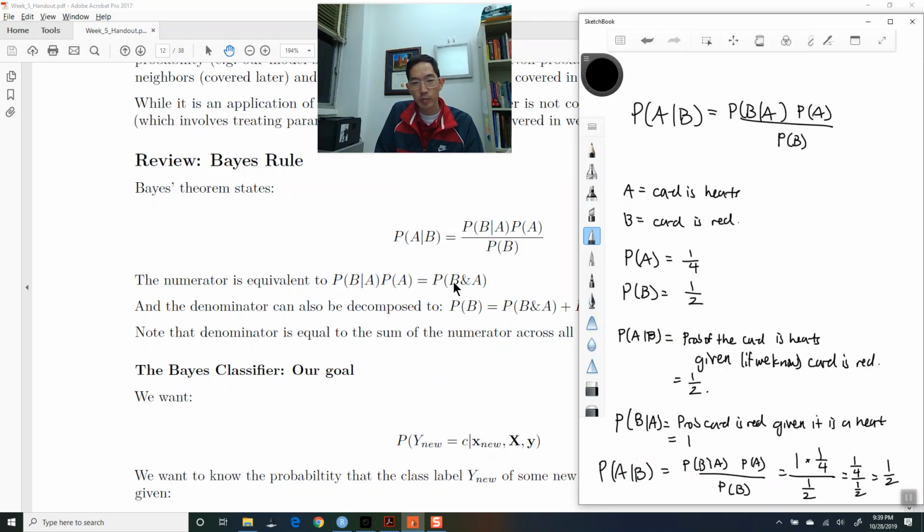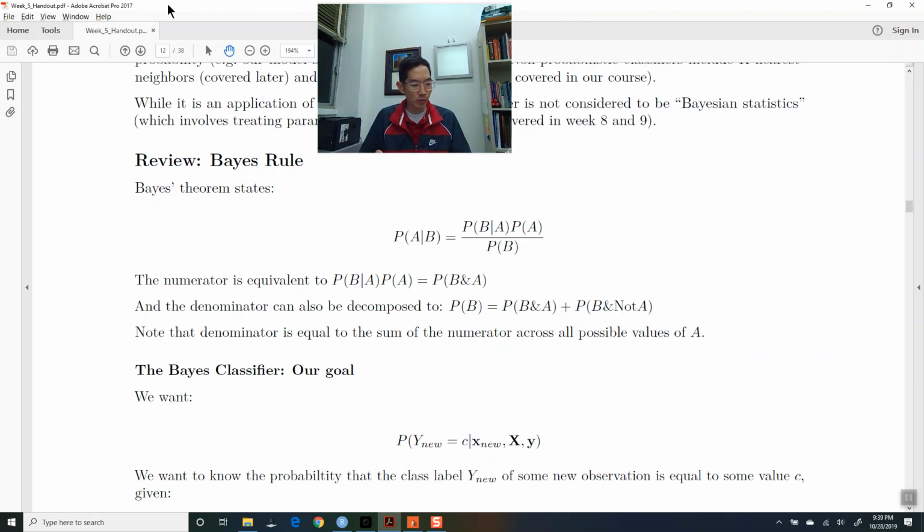So the probability of B and A is the same as the probability of A and B. So we want to say, what's the probability that the card is red and the card is a heart? Well, that would just be 1 times 1/4, which is 1/4. The probability the card is red and is a heart is 1/4.